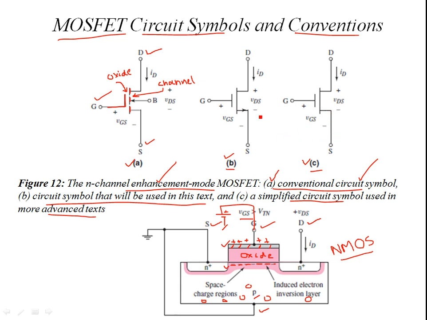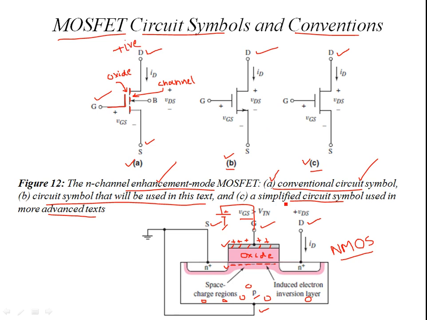The only difference in this circuit diagram, all three, is that they're representing this as a three-terminal device. The idea of having the drain at the top in all three is that the drain is at a positive potential with respect to the source. Okay, so the drain is more positive. Why?